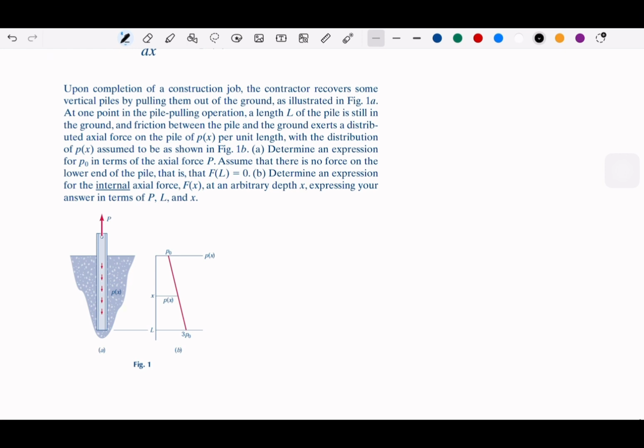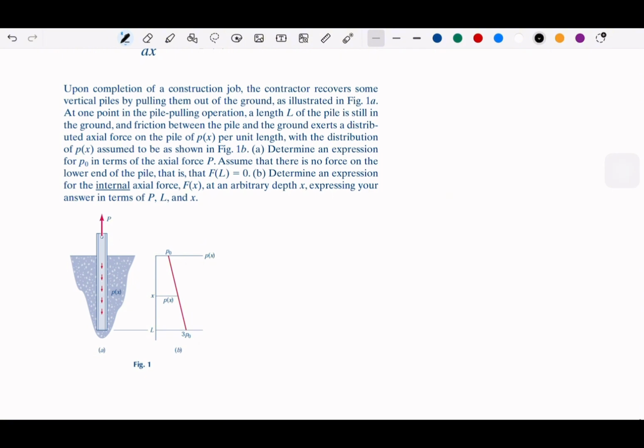And the friction between pile and ground exerts the distributed axial force of p(x) per unit length with the distribution assumed to be shown in this figure. So this is our distribution. So this is our original force.